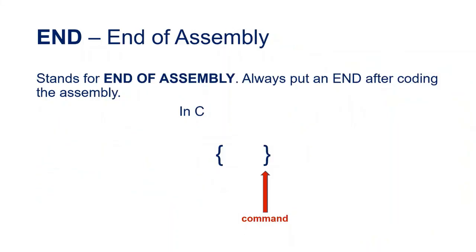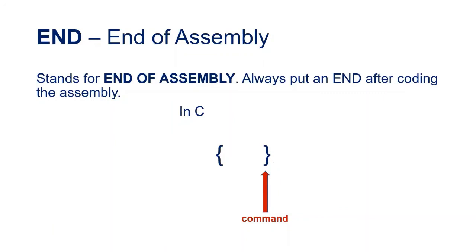Last but not the least, yung END or the end of assembly. It stands for end of assembly and we are required to always put an END after coding the assembly. So, sa C language, alam ko familiar kayo, meron tayong open parenthesis para mag-start tayo ng isang particular function and then meron tayong close parenthesis para i-terminate yung isang instruction.